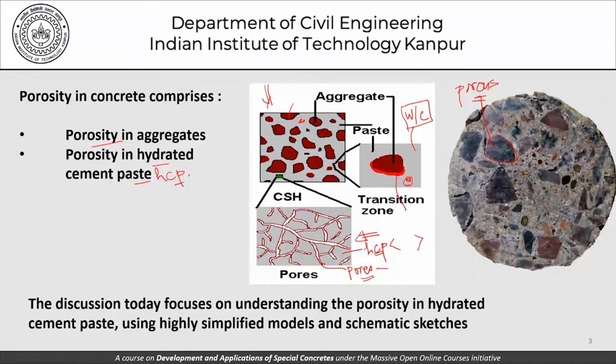The discussion today focuses on revising our understanding of the porosity in hydrated cement paste using highly simplified models and schematic sketches.